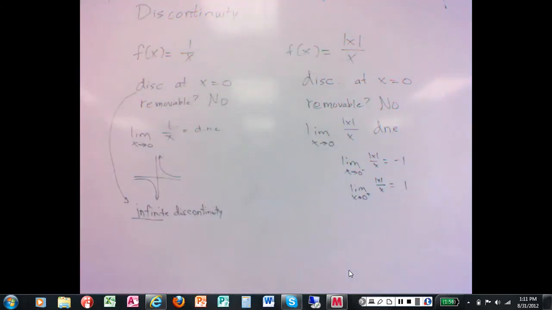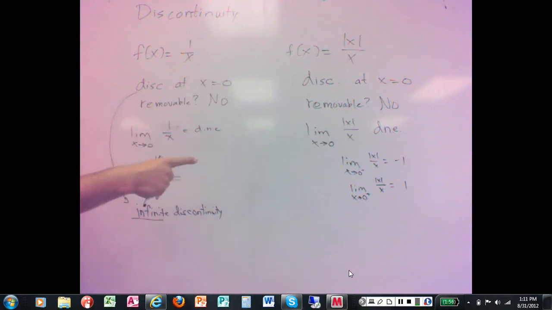So the limit doesn't exist. They come at two different levels. Okay? So you can't remove that. If the limit doesn't exist, if the limit is infinity, either way, you can't remove those. So those are non-removable.